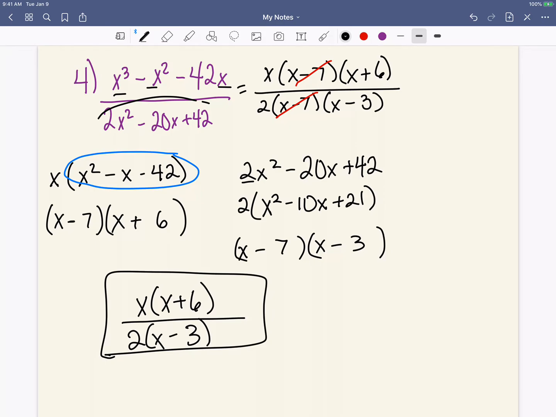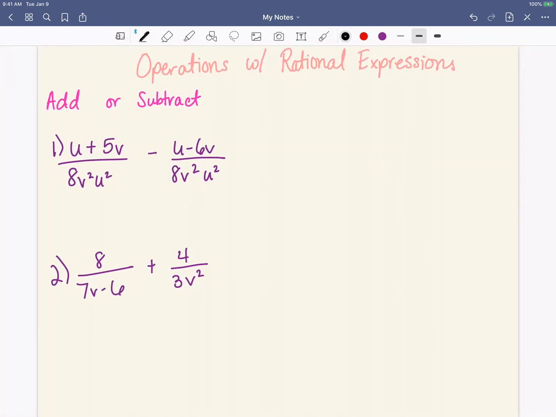Now, moving on, we're going to go ahead and get started on operations with rational expressions. So in this first problem, it's just like doing any kind of addition or subtraction with fractions. My denominators are the same, so I'm really only going to focus on my numerators. So I have u plus 5v minus, I'm going to put this u minus 6v in parentheses, and my denominator is still going to be that.